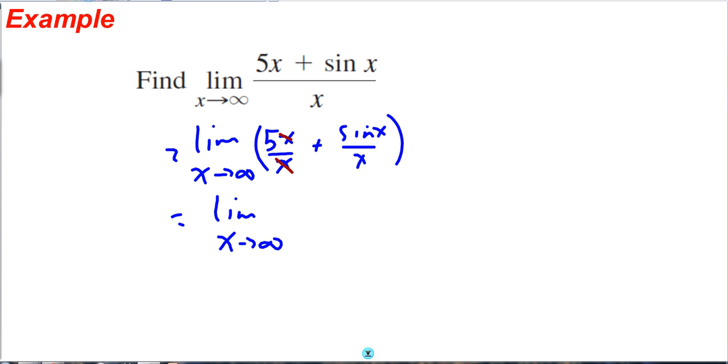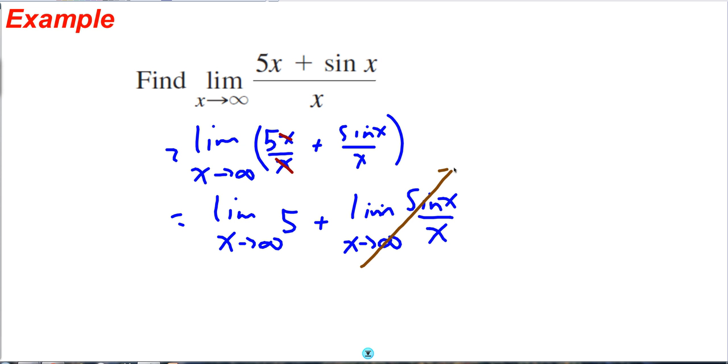So it's the limit as x approaches infinity of 5 plus the limit as x approaches infinity of sine x over x. And we know that this limit is 0. We have just shown that it's 0. And this other limit is 5. The limit of a constant is the constant. So this whole limit will be 5.